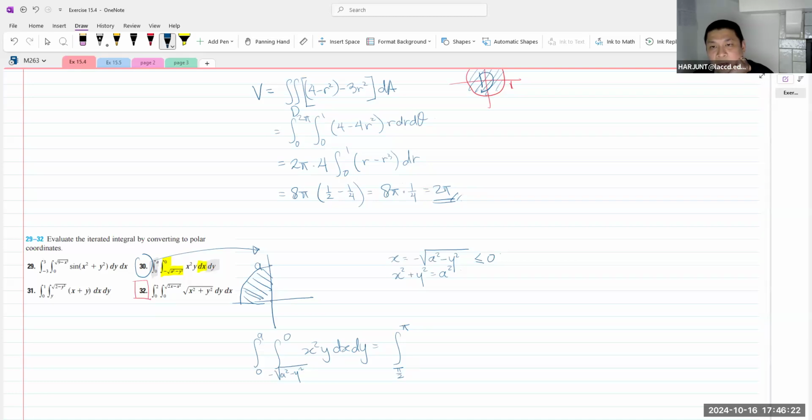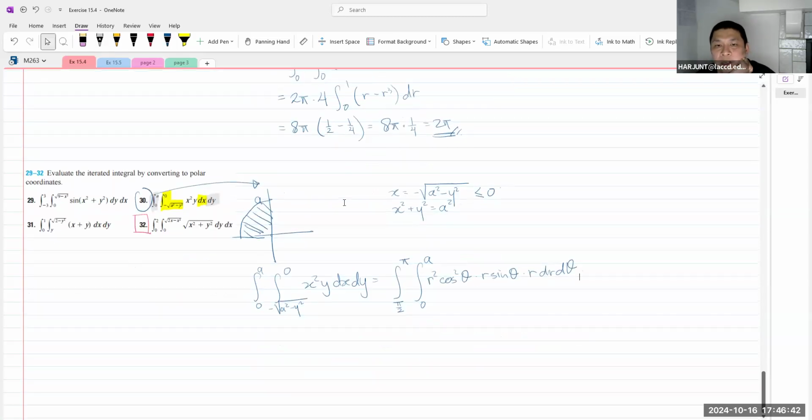And then the radius is from 0 to a. Then x squared is r squared cosine squared theta, and y is r sine theta, times r dr d theta. Let me clean it up a little bit. This is number 30, by the way.